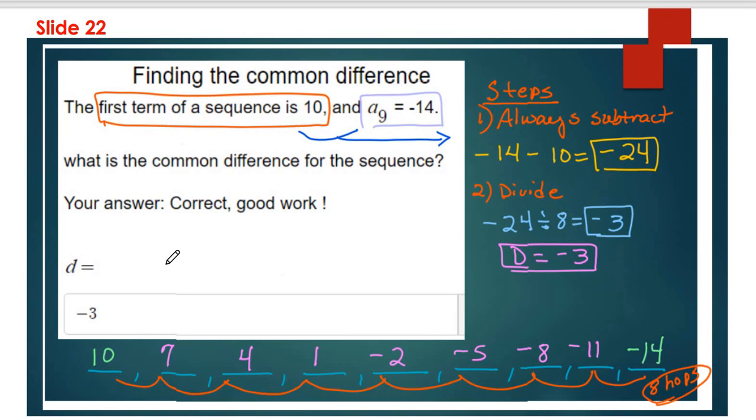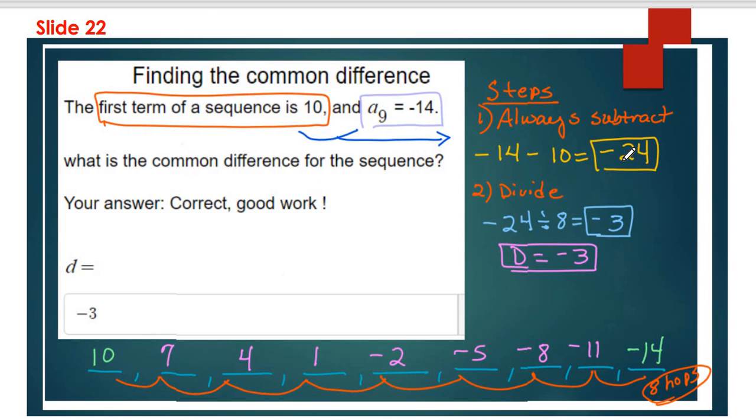Subtract, and I'm looking at the ninth term. So I drew out 9 spaces across here. 1, 2, 3, 4, 5, 6, 7, 8, 9. Now you do not have to fill in all those numbers in between. I did though, to make sure that everything worked out. But the first thing you're going to do is subtract these two numbers. So I'm going to say negative 14 minus 10. I'd come up with a negative 24.